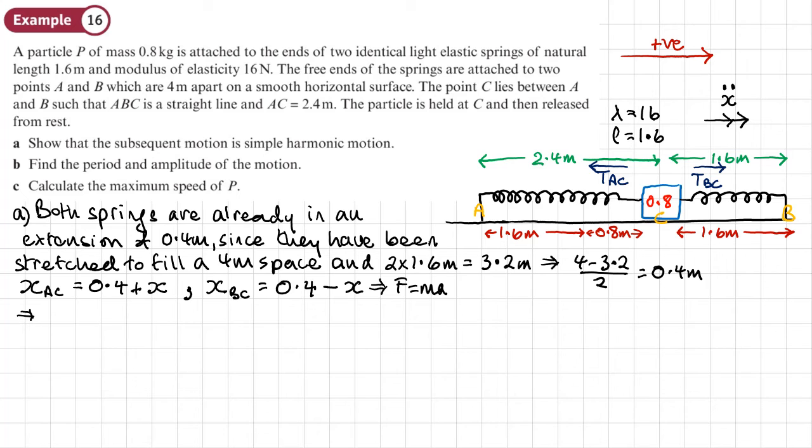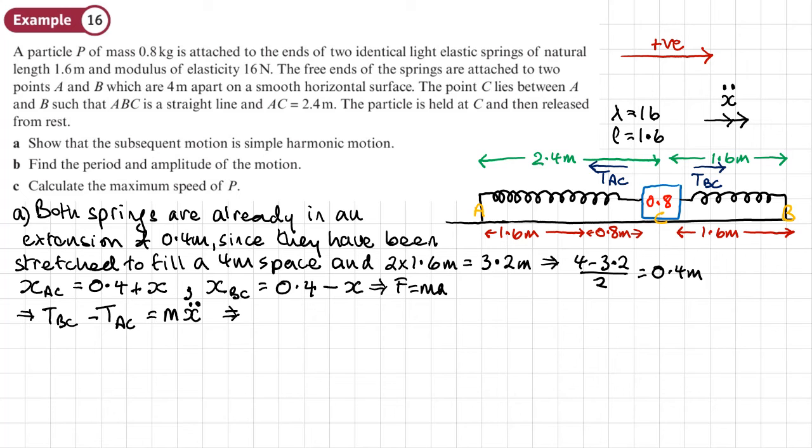Tension BC minus tension AC is equal to ma. Now, using Hooke's law, we can find the tension of those springs.